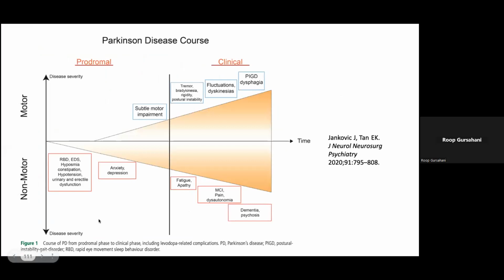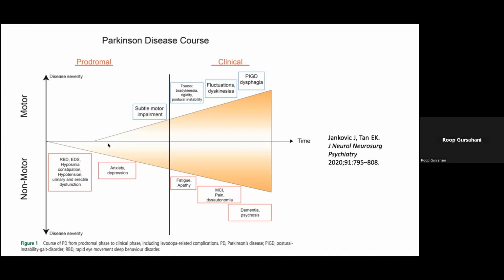As Parkinson's progresses, a lot of other features start to come up. We've spoken about motor problems. The levodopa effect starts to fluctuate, and they eventually start to have involvement of the throat in the same way that the limbs are involved.